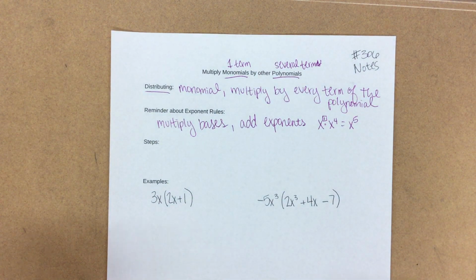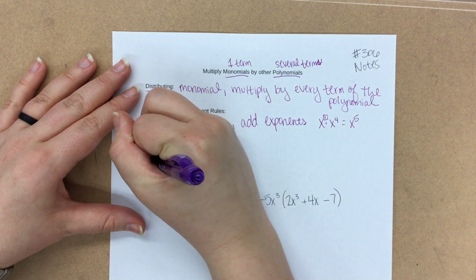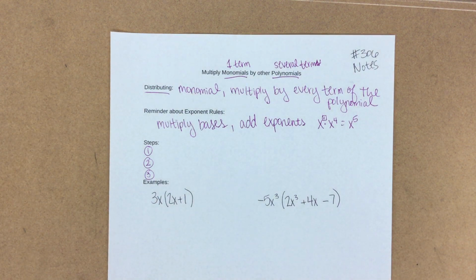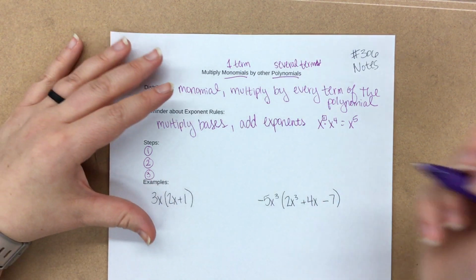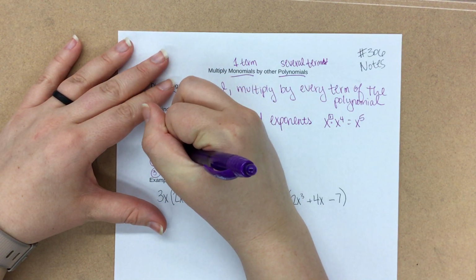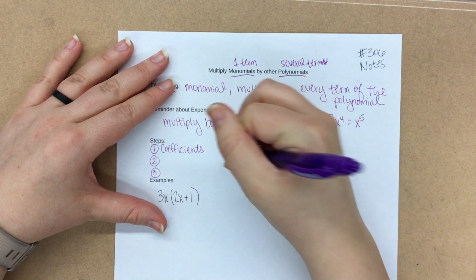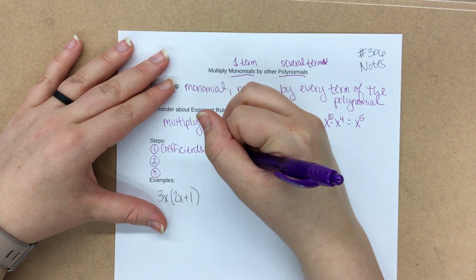We have just three basic steps to this. And steps 1 and 2 kind of happen at the same time. I just wanted to have them separated. So with our steps, our coefficients, or numbers in front of the variables, get multiplied.